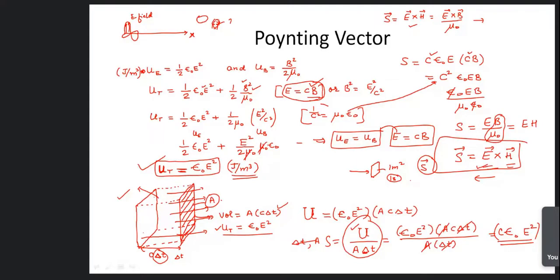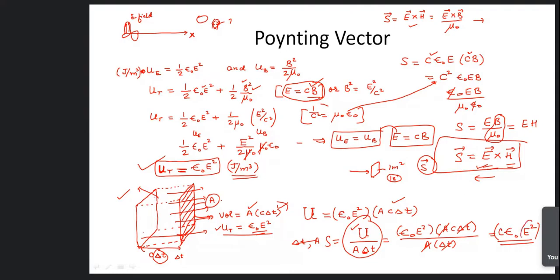In the initial steps we wrote the energy density, and then we selected a region whose total volume is A times this. Energy density times that total volume gives you the total energy in that region, and whatever energy is contained in this region flows out through this area A in delta T time. Dividing that total energy by A and delta T gives you what flows through unit area in unit time, and this is the definition of the Poynting vector.